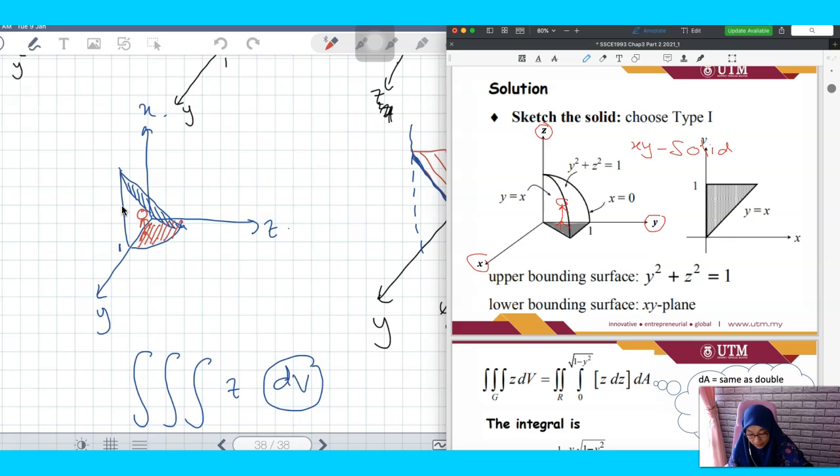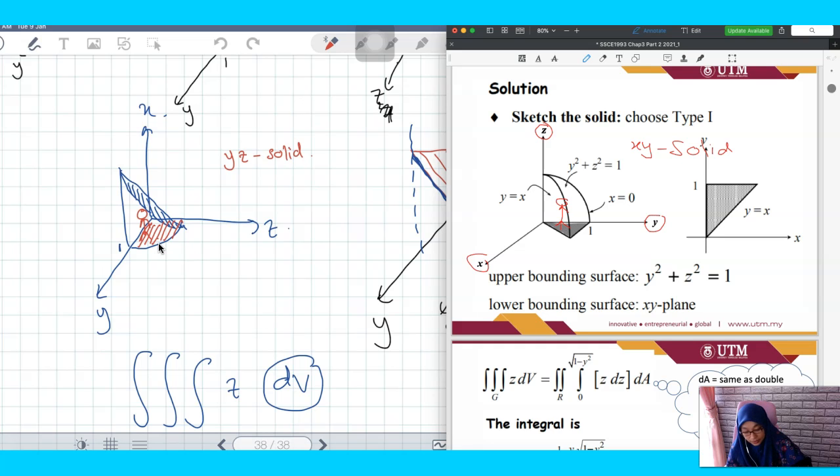That plane belongs to yz. So if you have this kind of orientation, with the person standing on the yz plane, we can say that this solid is called a zy or yz solid, where your region is on the yz plane.